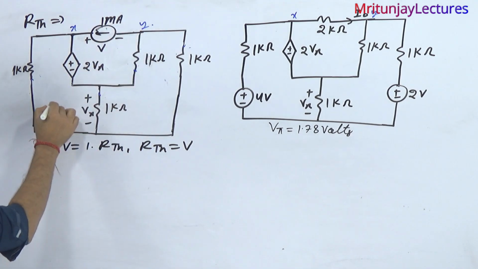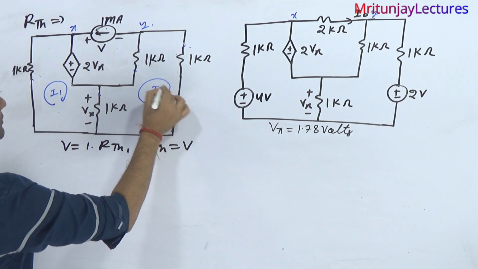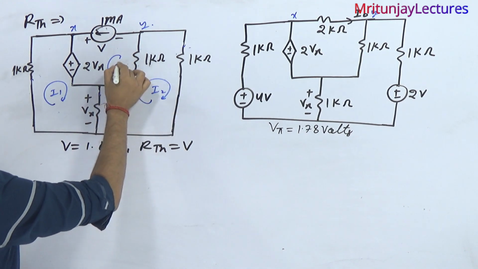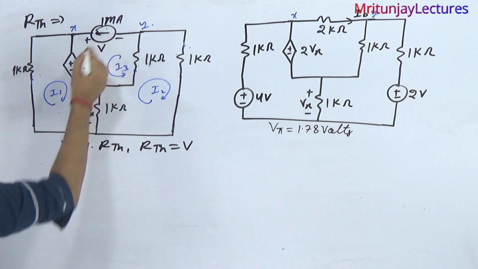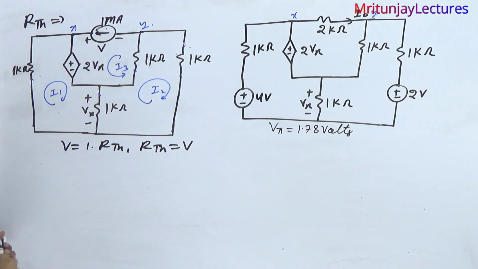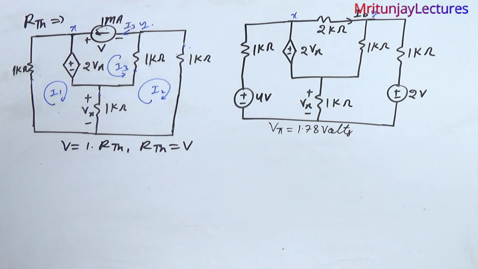So we are going to use loop analysis. Here I1, here I2, here I3. Clear? What about I3? Here I3. Okay, clear or not?